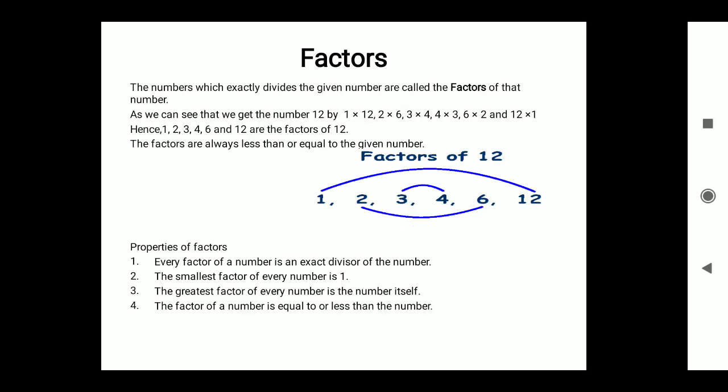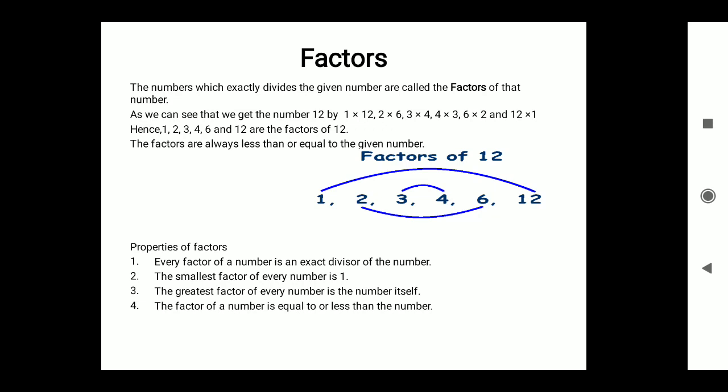If I say factor, what are factors? When a number is said to be a factor of any other second number, then the first number must divide the second number completely without leaving any remainder.